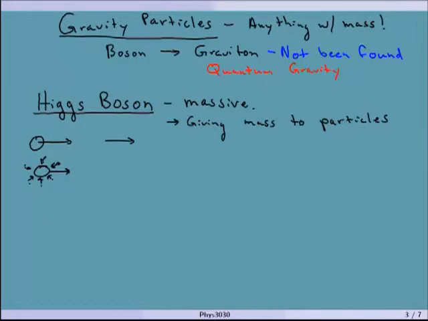It can only move so slowly because there are these other particles that it's interacting with. They're not necessarily trying to slow it down, but there's just so much interaction going on that it slows it down. And so whereas this particle that doesn't see the Higgs field, this one up here, can move at c, the speed of light, this one has to move at less than c. Okay, and so the Higgs somehow interacts with these.